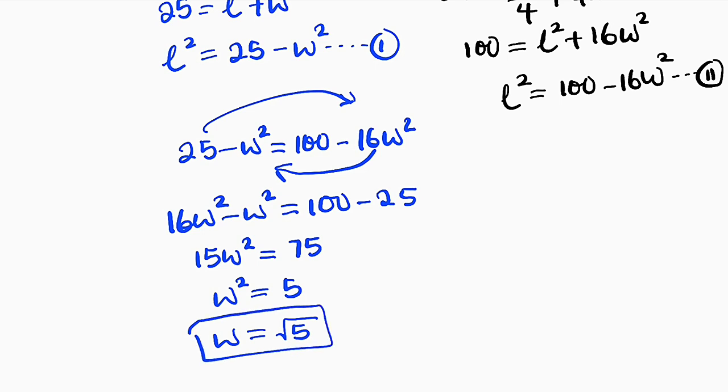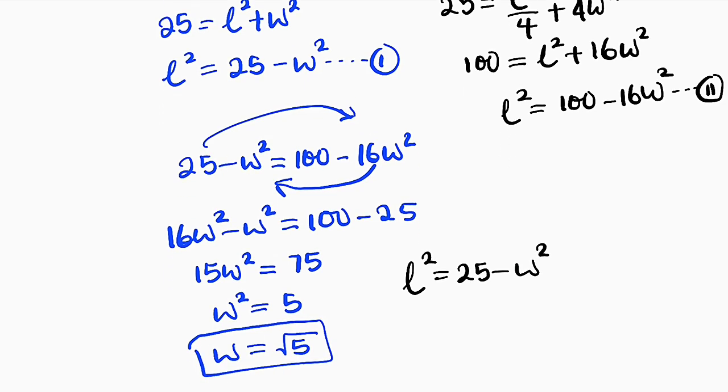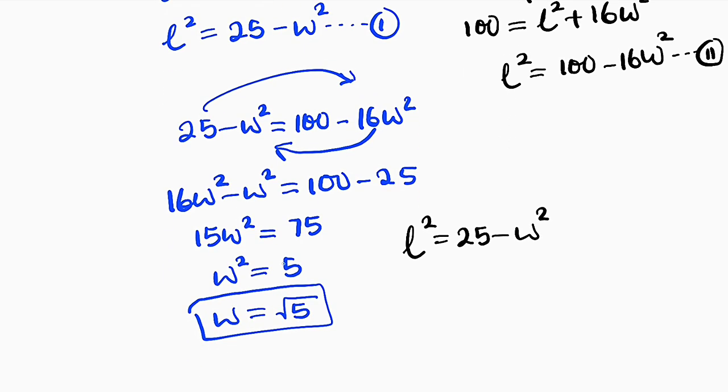Now we need that of L. We can use this particular equation which states that L squared is equal to 25 minus w squared. But we have seen that w squared is 5, right? So this is L squared equal to 25 minus 5, which is 20. And we can take the square root of both sides and hence L is equal to the square root of 20.